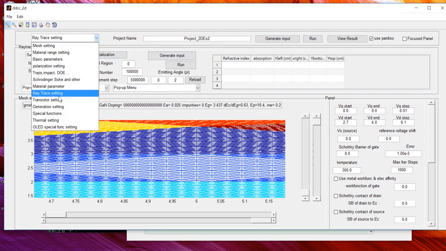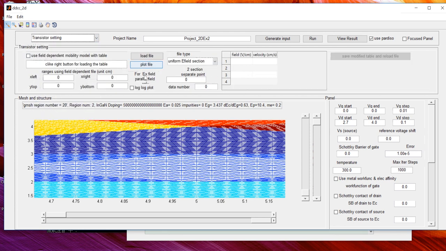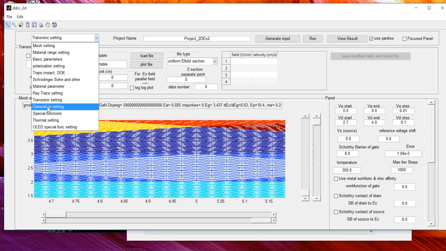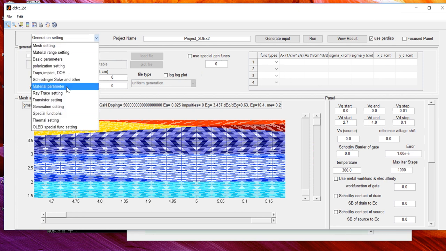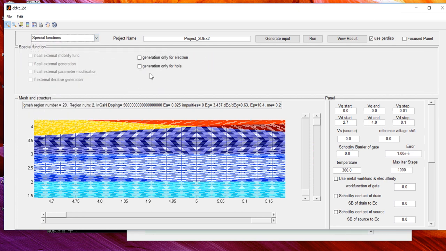Okay. And the transistor setting is where you can define a field dependent mobility. In the future some people may use calculate hand. Generation setting is for solar cell. And the spatial functions are all disabled. This is very special: generation only for electrons.